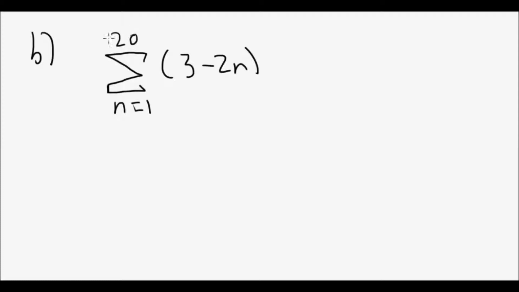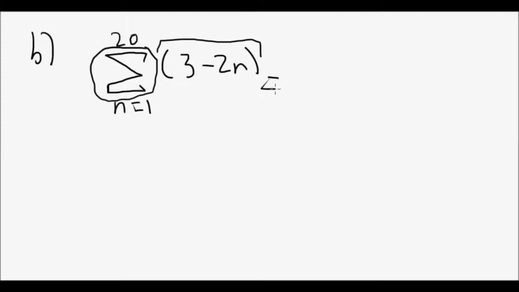Let me tell you exactly what each component is. This symbol right here simply indicates that you're finding the sum of something, and that something is this part right here.